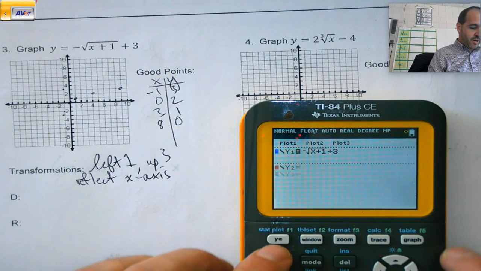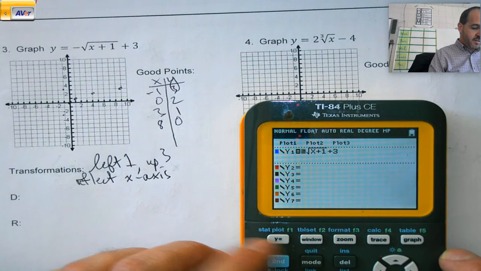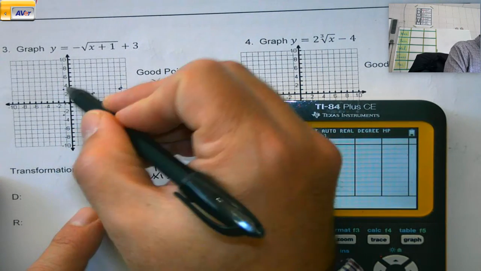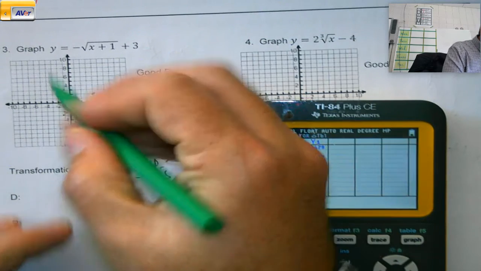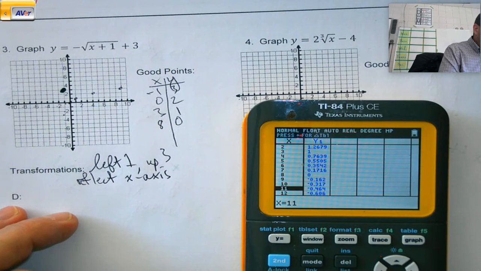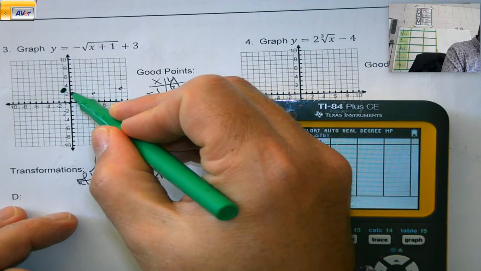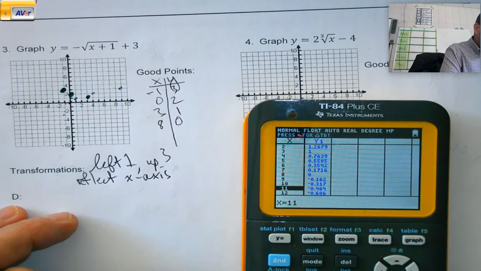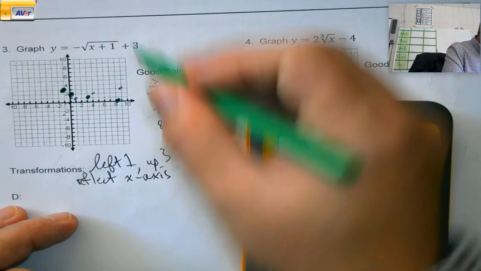All right, make sure I typed everything in right. Yes. Okay. So -1, 3. Let me do this with this. 0, 2, 3, 1, and 8, 0.